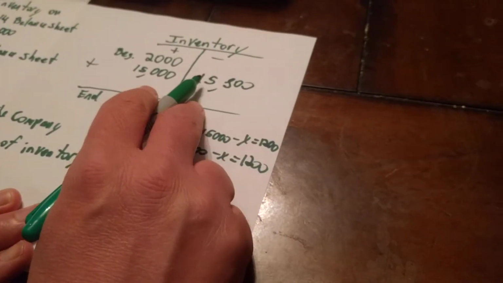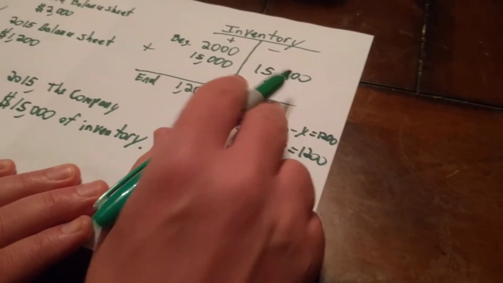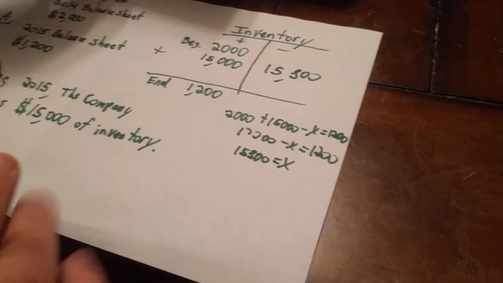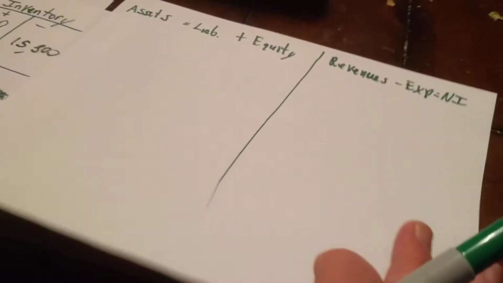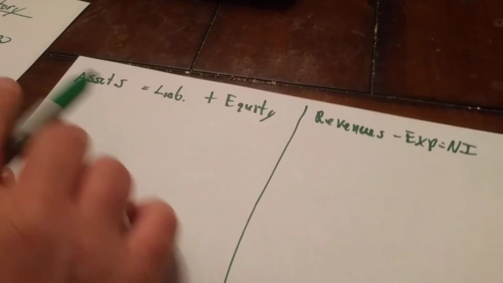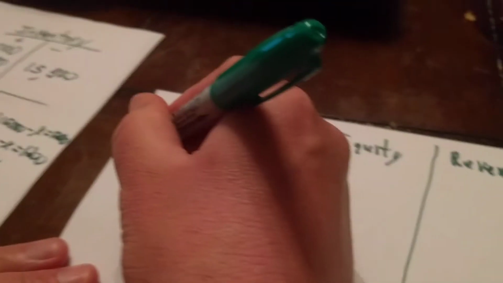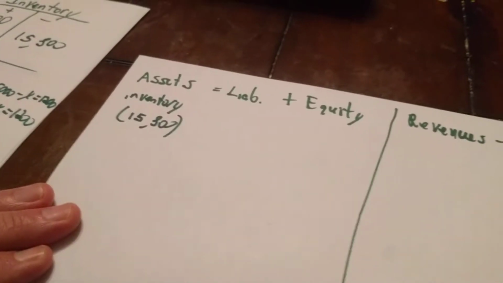Well, the amount that leaves inventory, that's cost of goods sold. So the first part for this problem, which is similar to your homework problem, is that inventory goes down by 15,800. And then also our retained earnings go down.